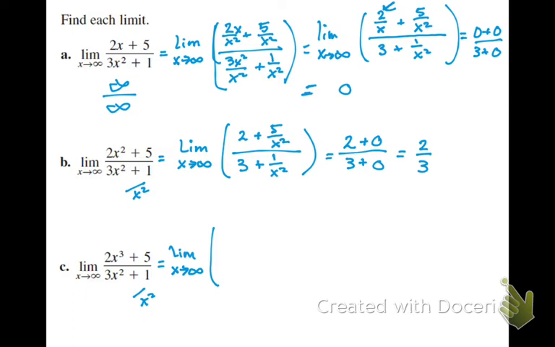Two x cubed is going to be just 2x, plus 5 over x squared, over 3 plus 1 over x squared.